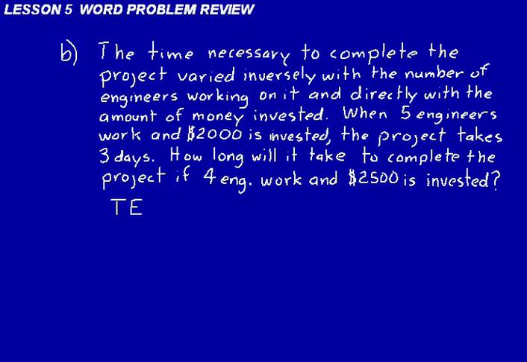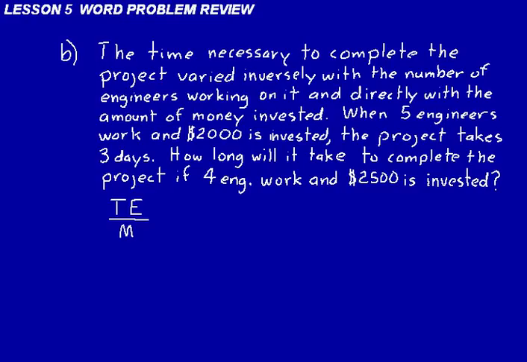So that means time compared to the amount of money. So we'll just say M for money. Anytime you see vary directly, that implies a ratio. As one value increases, so does the other, or as one value goes down, so does the other. That means the ratio stays the same.